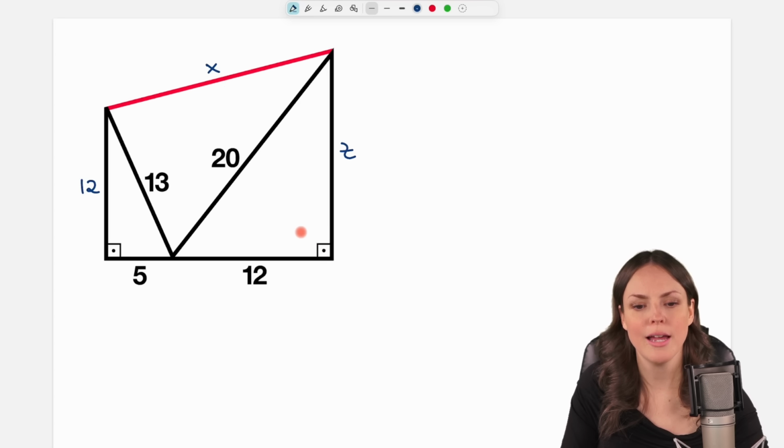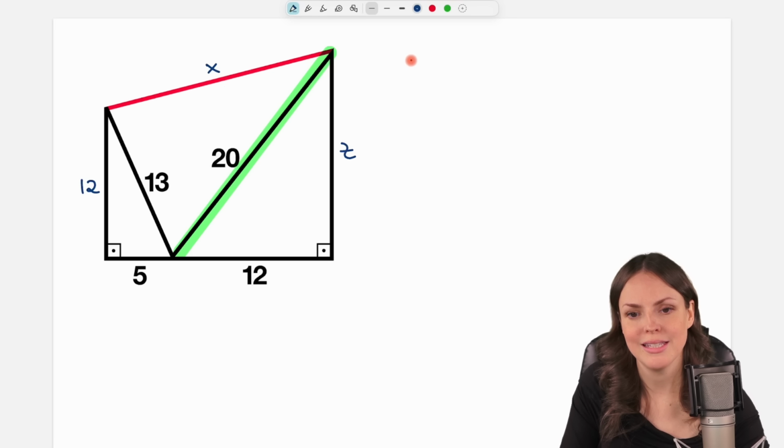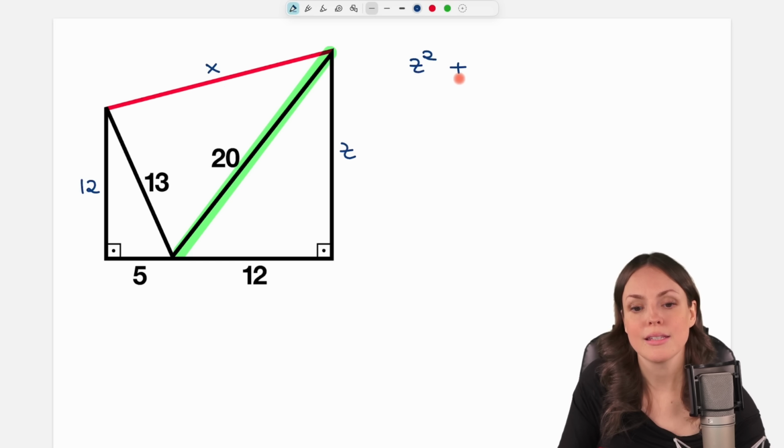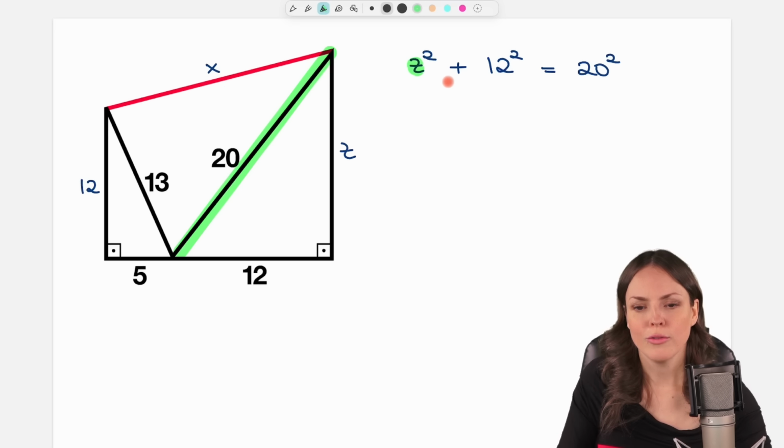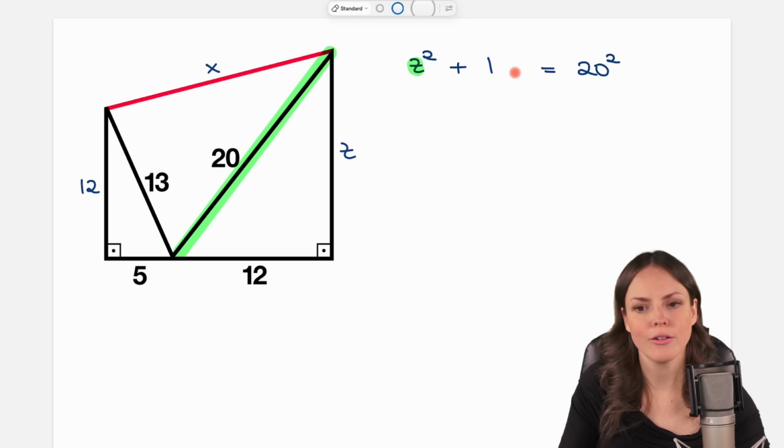First, finding the hypotenuse across the right angle, and then the Pythagorean theorem says take one of the sides, so z squared, plus take the other side and square it, 12 squared, and this equals the hypotenuse squared, so 20 squared.